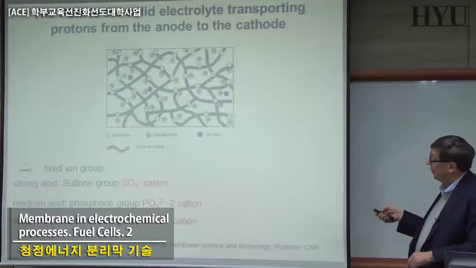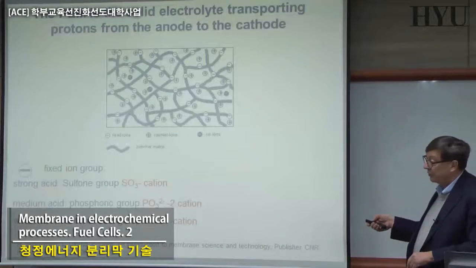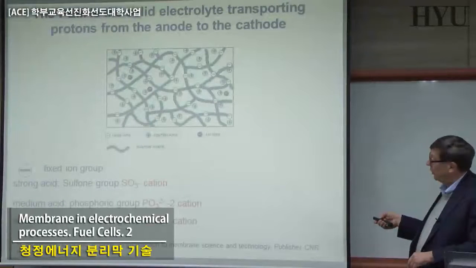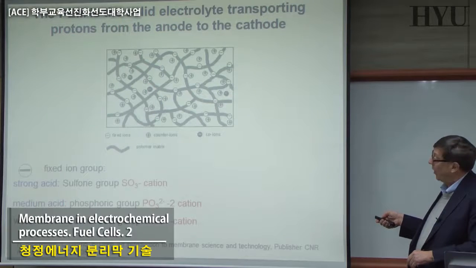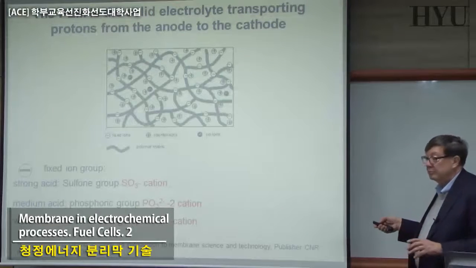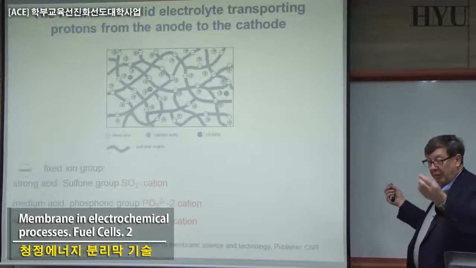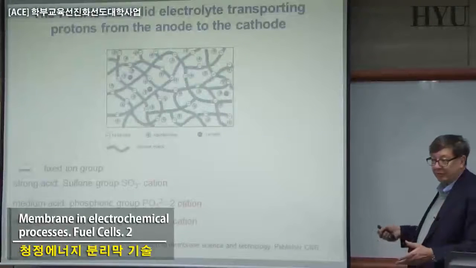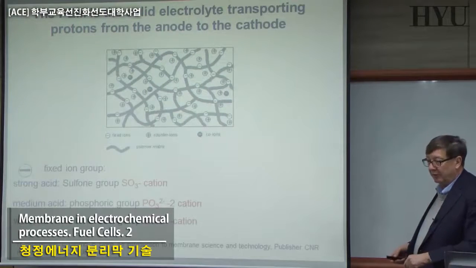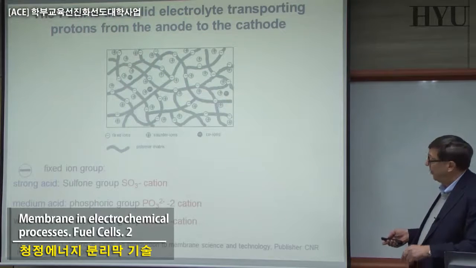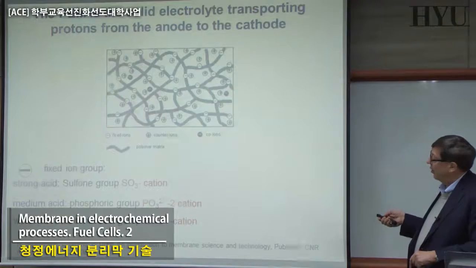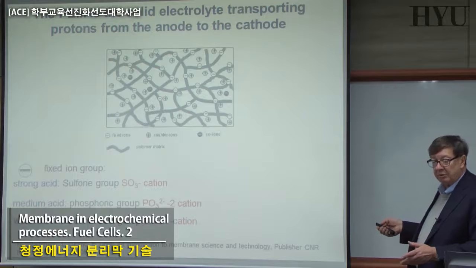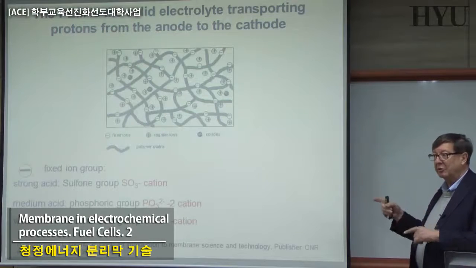So the overall system is neutral. The number of counter ions has to be in principle equal to the number of fixed charges. But what is happening here is that if a co-ion is diffusing, because you are applying, for example, a different voltage between the electrodes, when trying to penetrate, the co-ions having the same sign as the fixed ions cannot penetrate, because as soon as they penetrate, you violate electroneutrality.